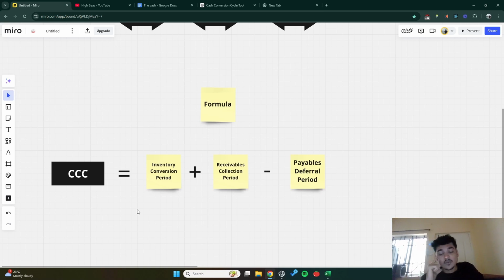And the third one is the payables deferral period, the time it takes to give away the money. You add the first two up and subtract the payables deferral period. So this is the formula. In the end, I'll give you an example of how we can use these three variables in the formula and how we can optimize it.